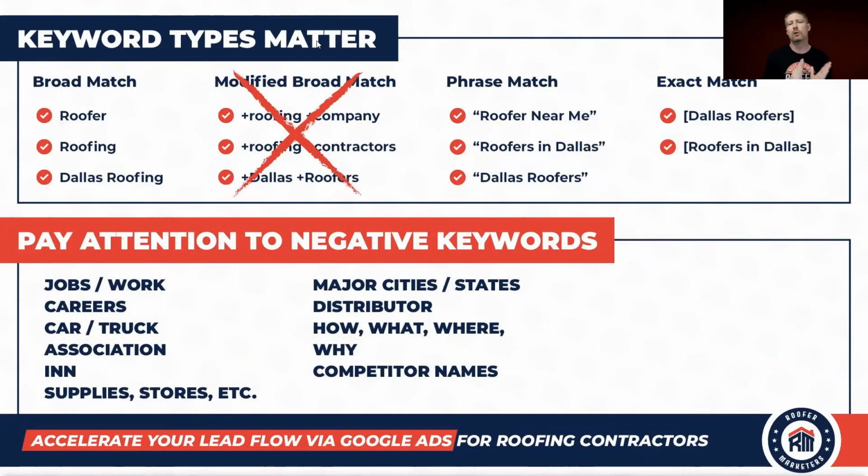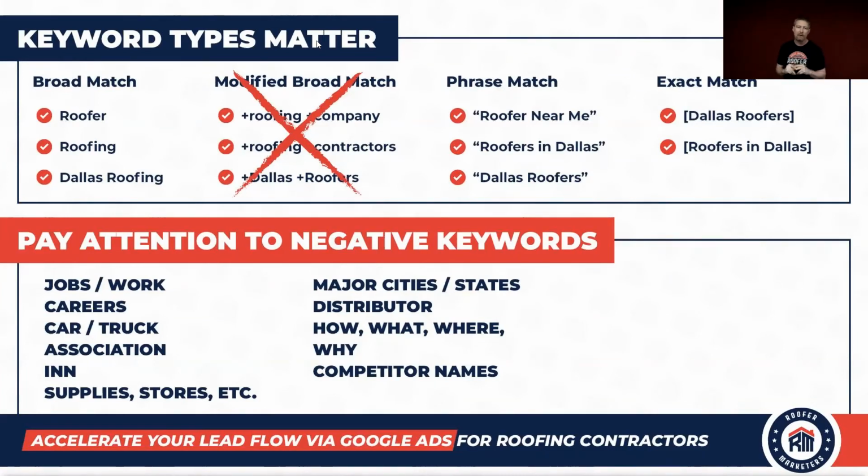If we bid on roofers in Dallas phrase match, some of the things that your ads would show for are best roofers in Dallas, local roofers in Dallas, top roofers in Dallas, roofers in Dallas that do metal roofing. Because it has roofers in Dallas in that order, phrase match will display that ad.